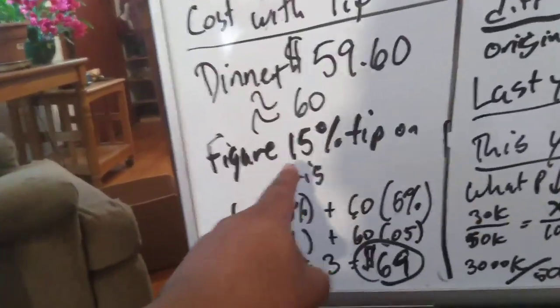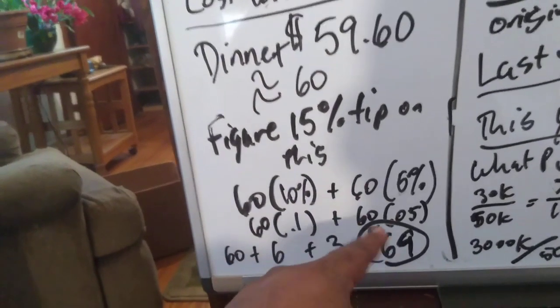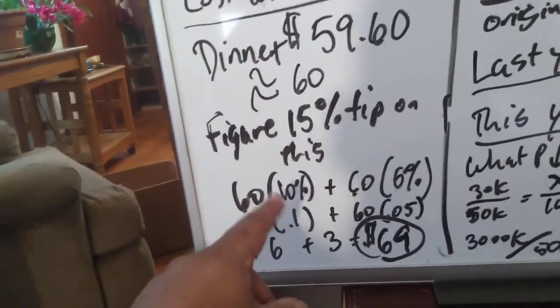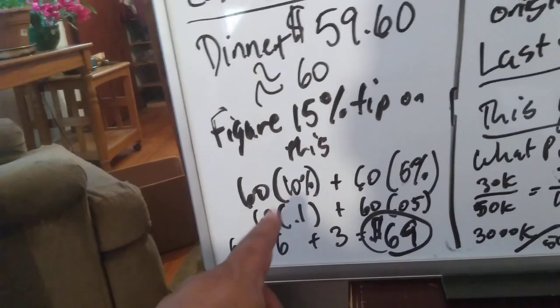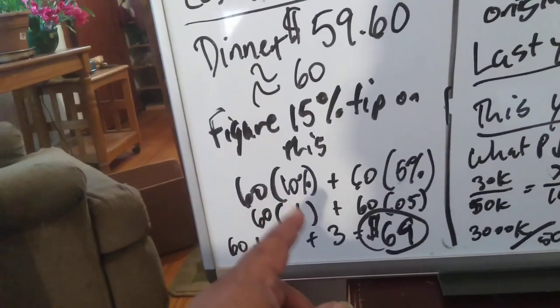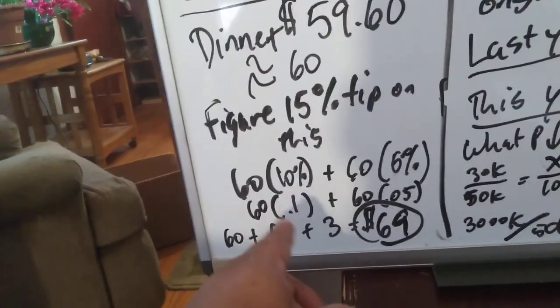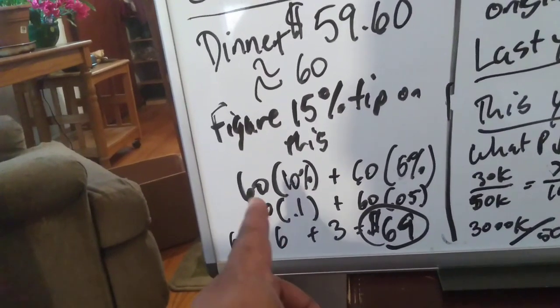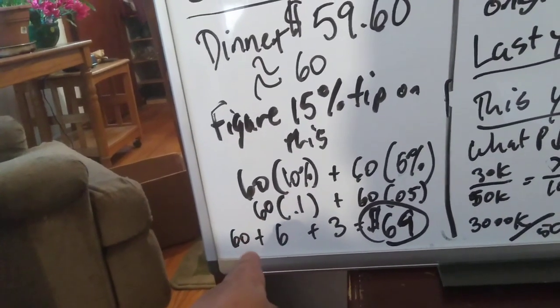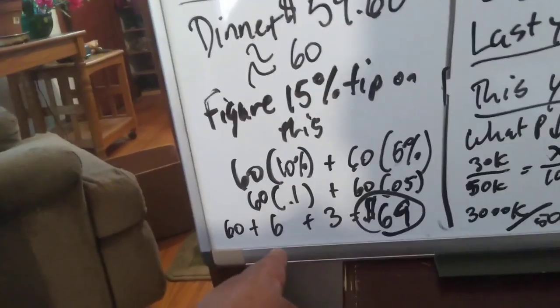First, you would find 10% and then just add the other 5. 10% of 60 is $6, so 60 plus $6.